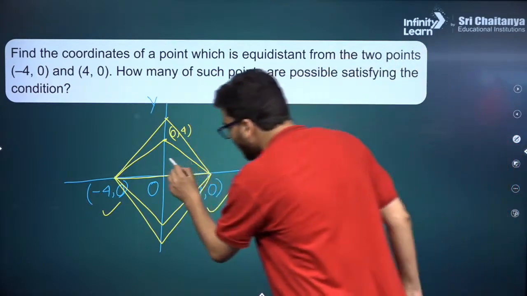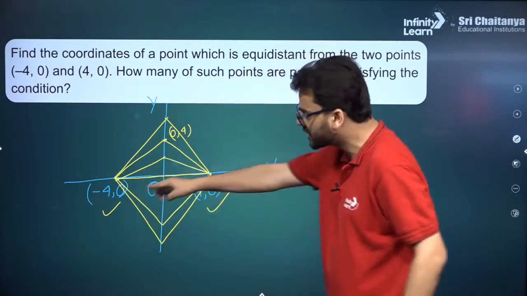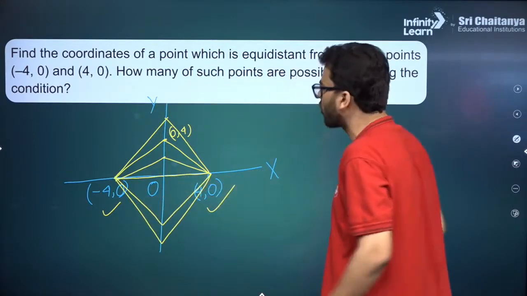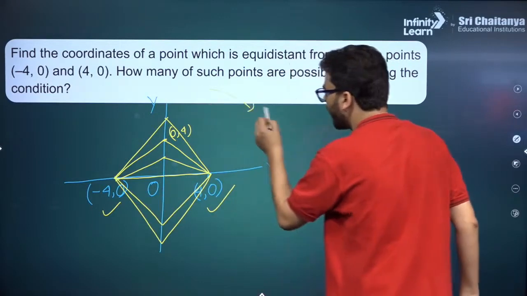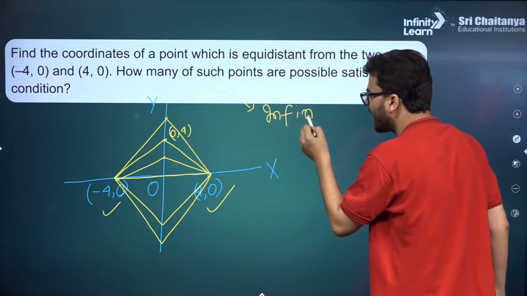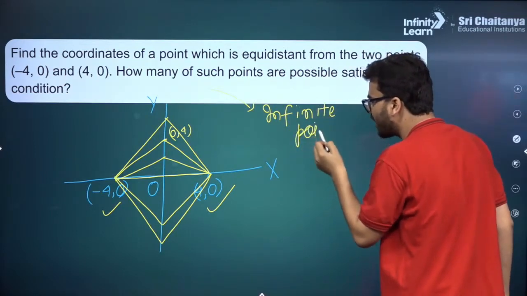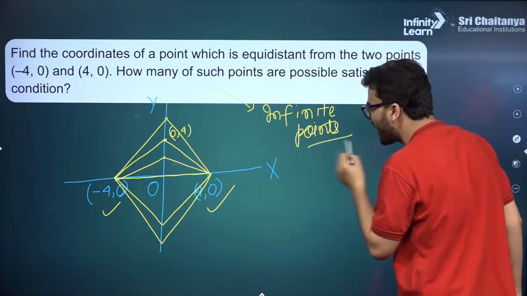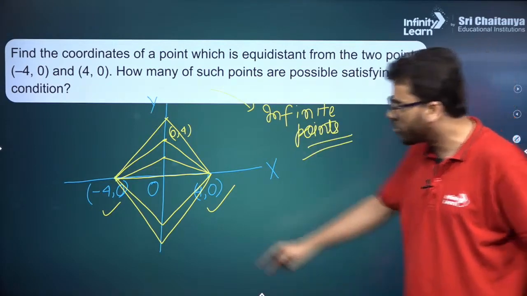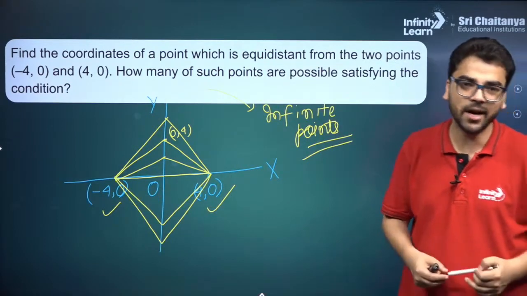If you take any point on the y-axis, that is at an equal distance from -4, 0 and 4, 0. So the answer will be what? Infinite number of such points are there. Infinite points, right? And those points are basically every point on the y-axis, they are at an equal distance from -4, 0 and 4, 0. Is it clear to everybody?